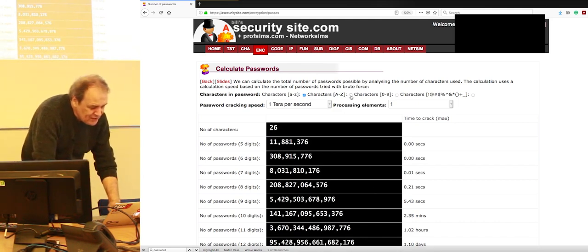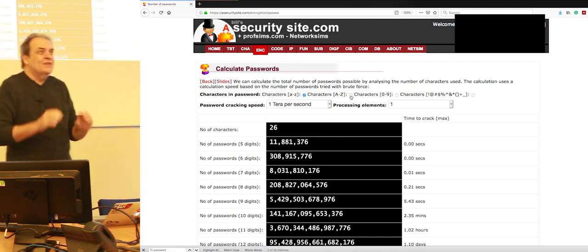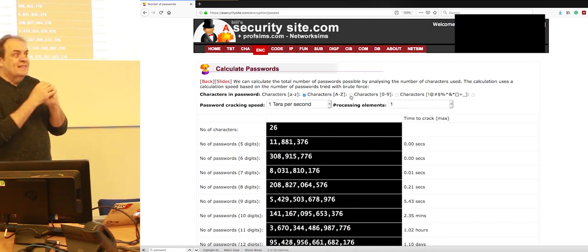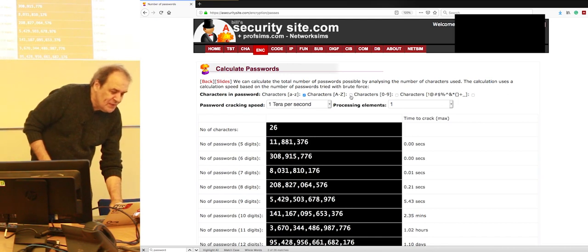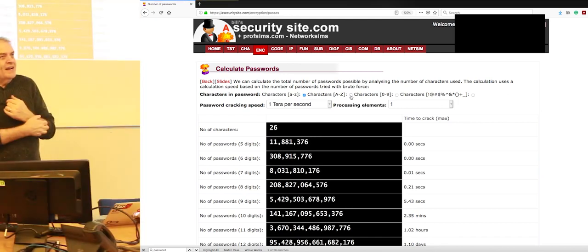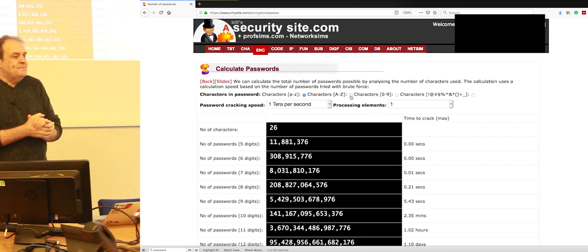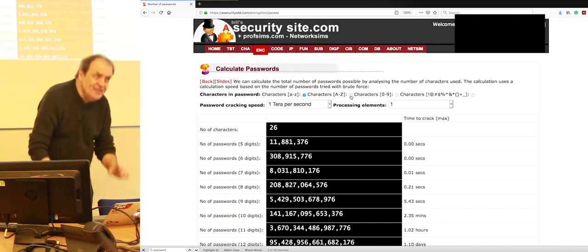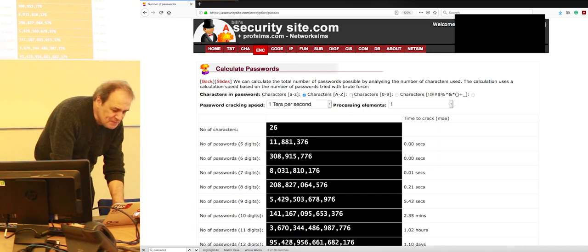Okay, so now let's go for A to Z upper and lowercase. What do you think now? 8 characters, upper and lowercase. What's a kind of estimate? How much more difficult? 53 seconds for the whole space.